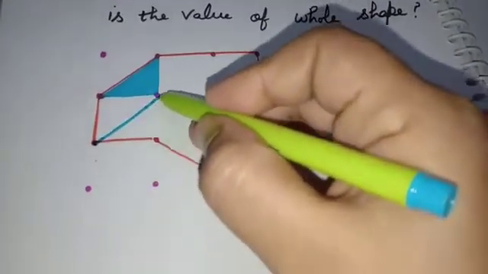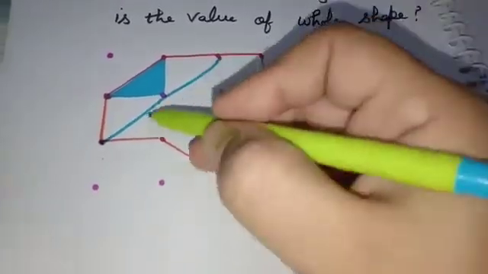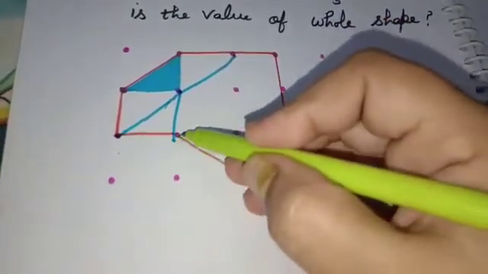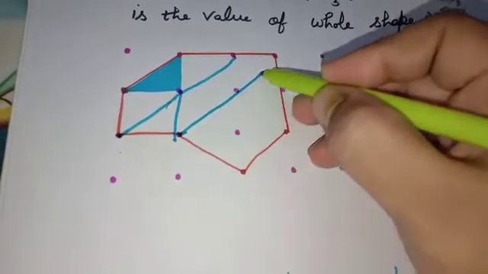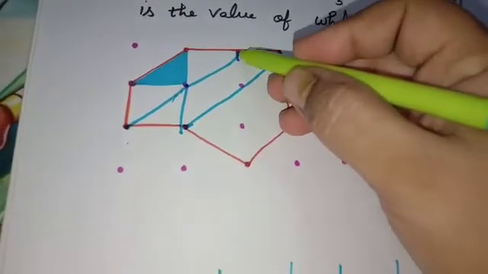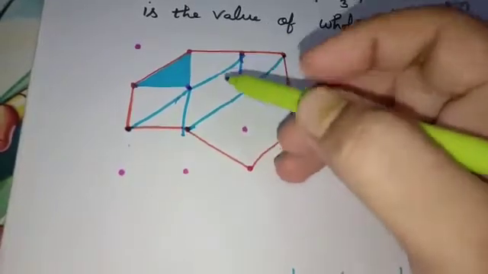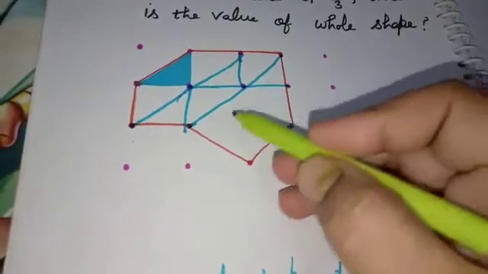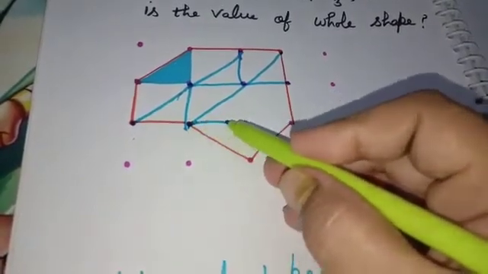First of all, draw a line in this way. Okay, then in this, then in this way, then in this, look carefully.